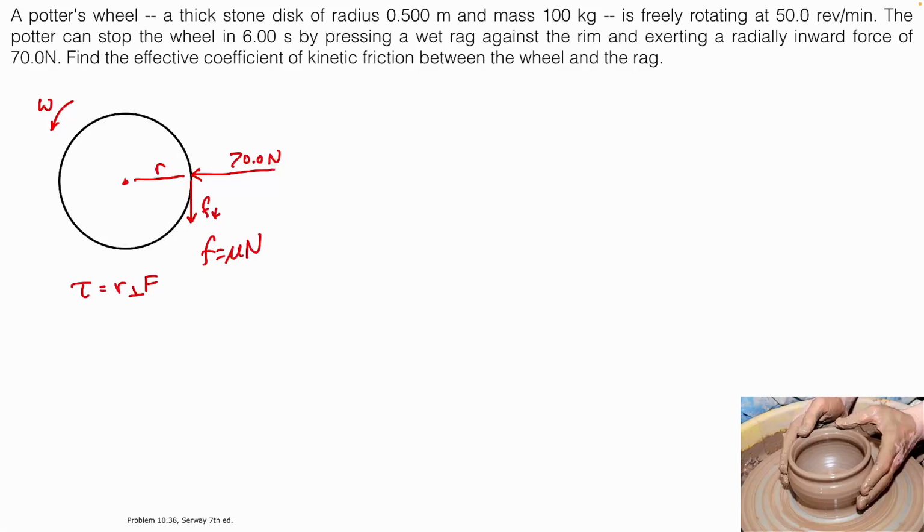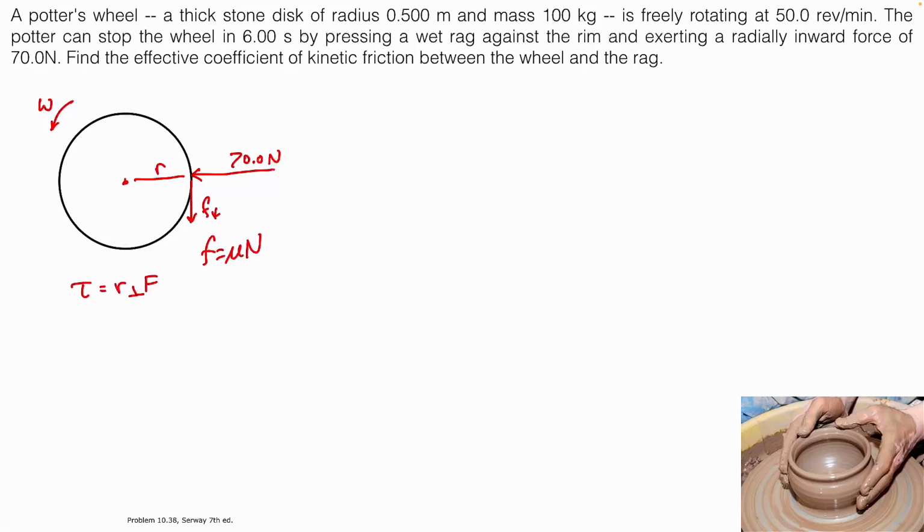Okay. Now, what else have they given me in this problem? They want us to find the coefficient of kinetic friction between the wheel and the rag. So, in general, I would like to start with energy if I could, but I'm not sure that I have all the information.